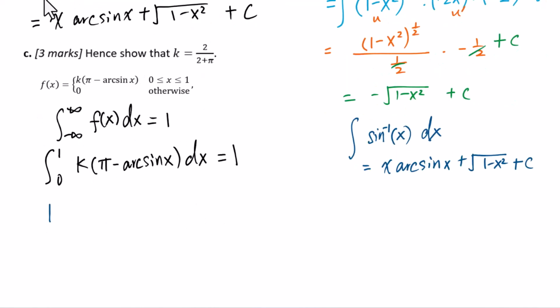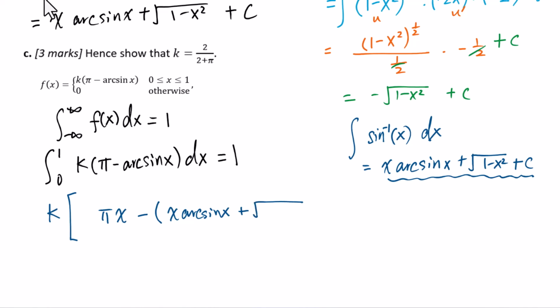We will take k out. Then we got pi x minus integral of inverse sin x dx equals this. We already got this from part b. So minus parentheses x arc sin x plus square root 1 minus x squared.